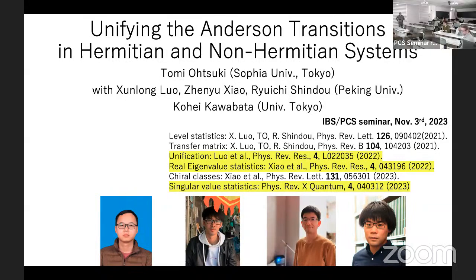His research interests center around theoretical condensed matter and computational aspects and methods, including transport properties under the physics of localization and quantum Hall physics, and also recently deep learning and machine learning techniques. Today he's going to talk about Anderson physics and non-Hermitian systems. Let's welcome the speaker, and the screen is all yours.